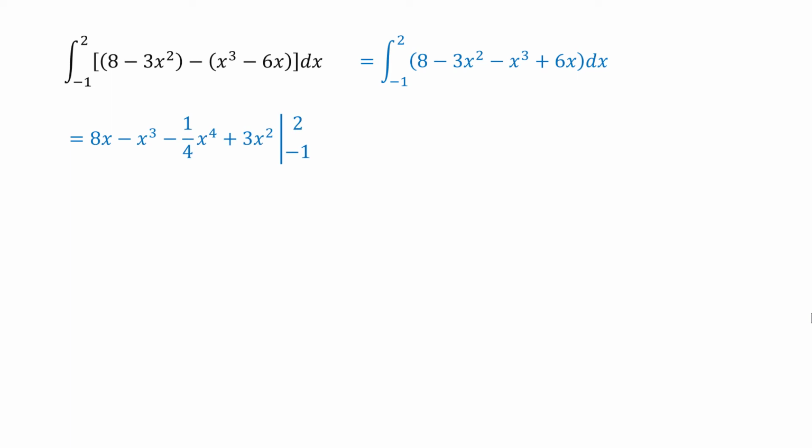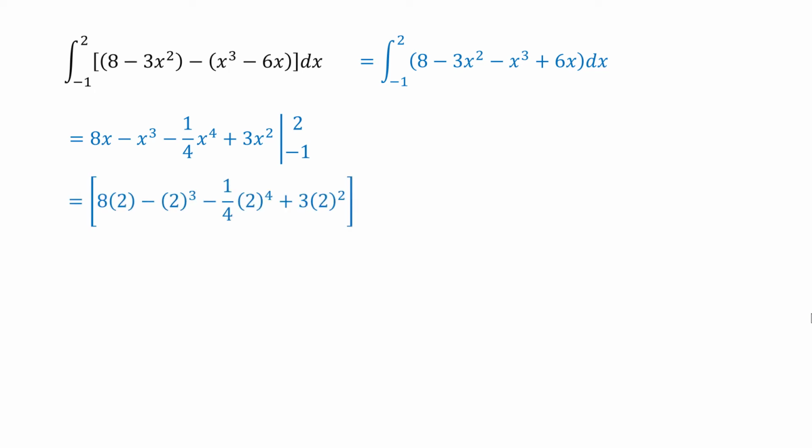The integral of 8 is 8x, minus the integral of 3x squared is x cubed, minus the integral of x cubed is 1/4 x to the 4th, plus the integral of 6x is 3x squared, and we evaluate that from -1 to 2.